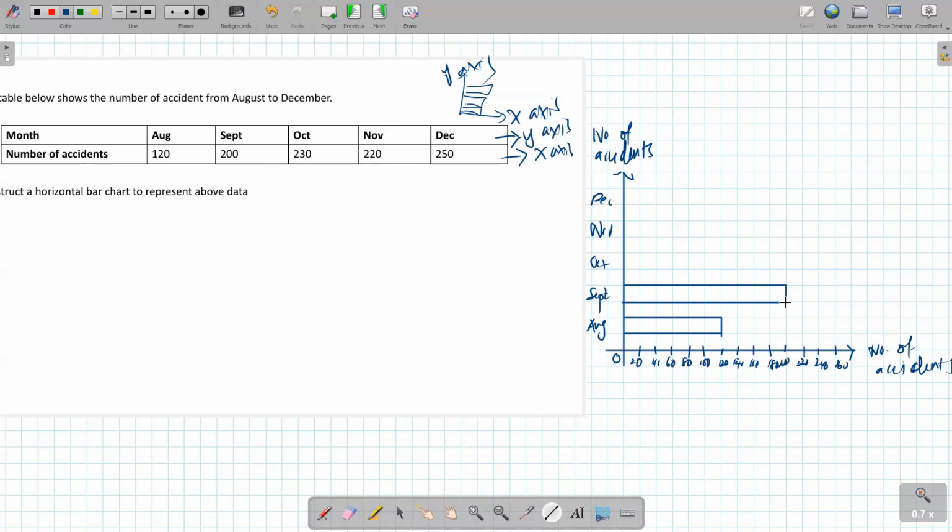Next, in October, we have 230. So here is 220, 240. So it's in between 220 and 240.